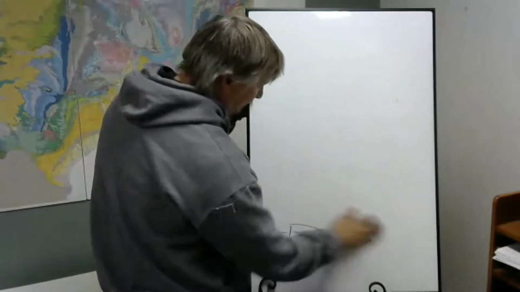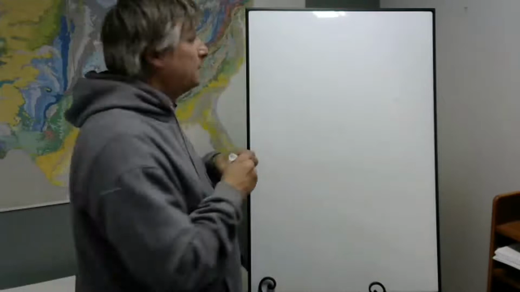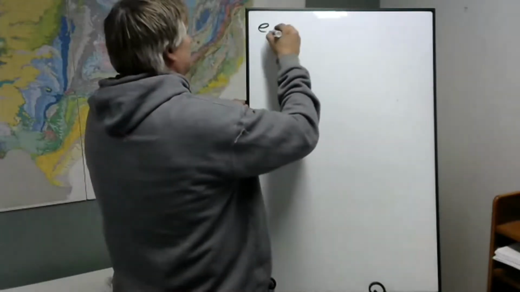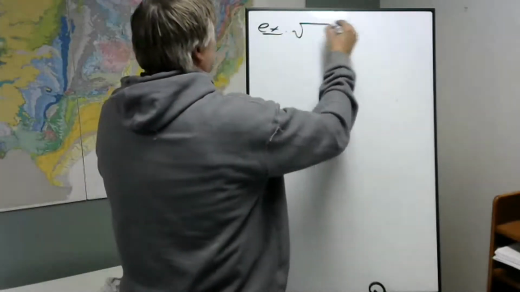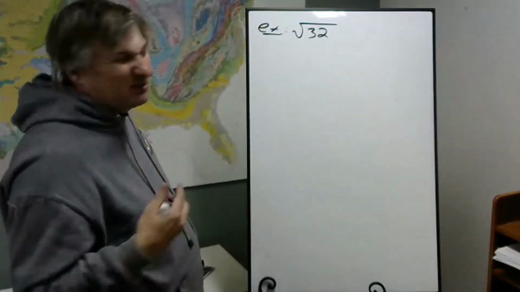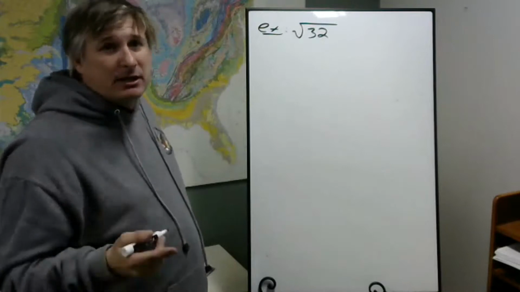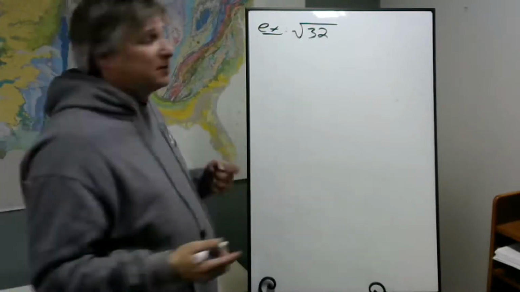And what if you're not sure? Like, let's say we do square root of 32. And I'm not really sure how to break this one down. What we can do is we can break it down to prime factorization.